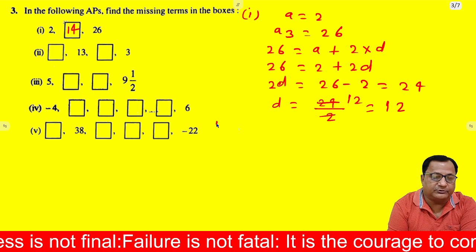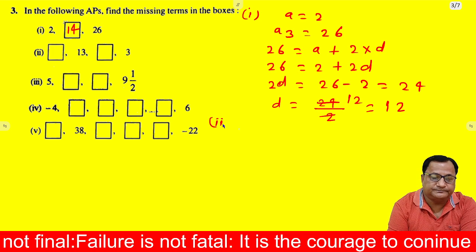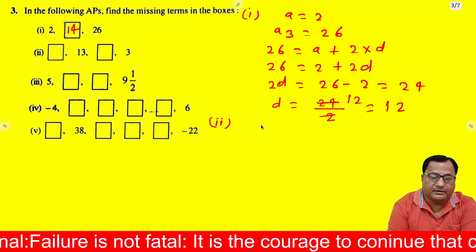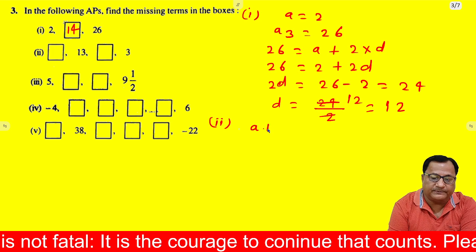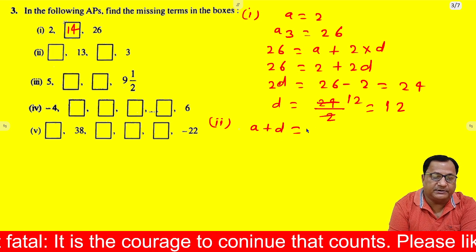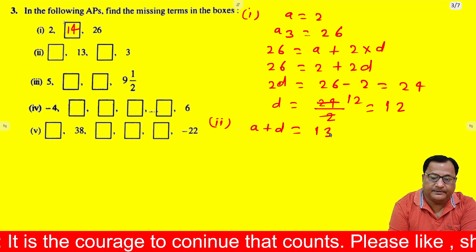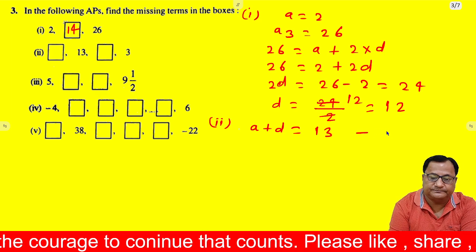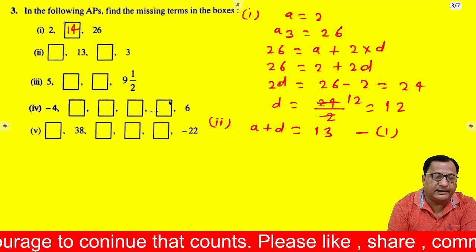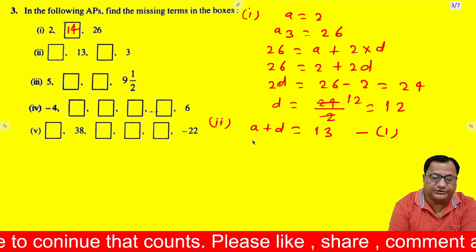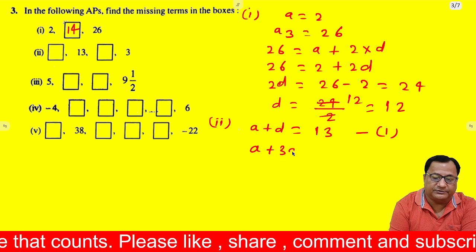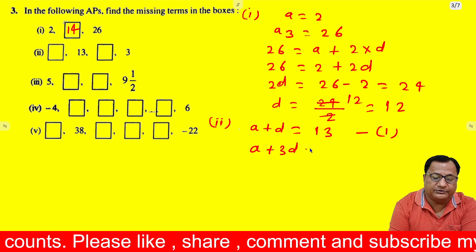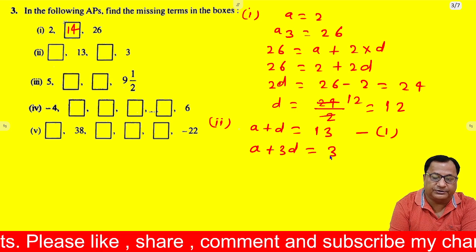Now see question number 2. The second term is given as 13. So a plus d will be 13. This is the first equation. And the fourth term is 3, which means a plus 3d is equal to 3.